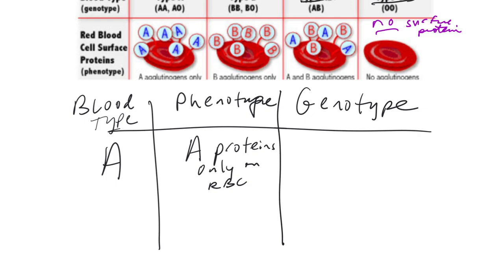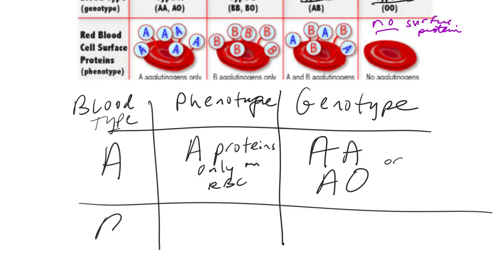Your genotype, however, could be, okay, you're diploid, this is not a sex cell, so your genotype would be either 2 A alleles, or you could have AO, because O doesn't form any red blood cell protein at all.